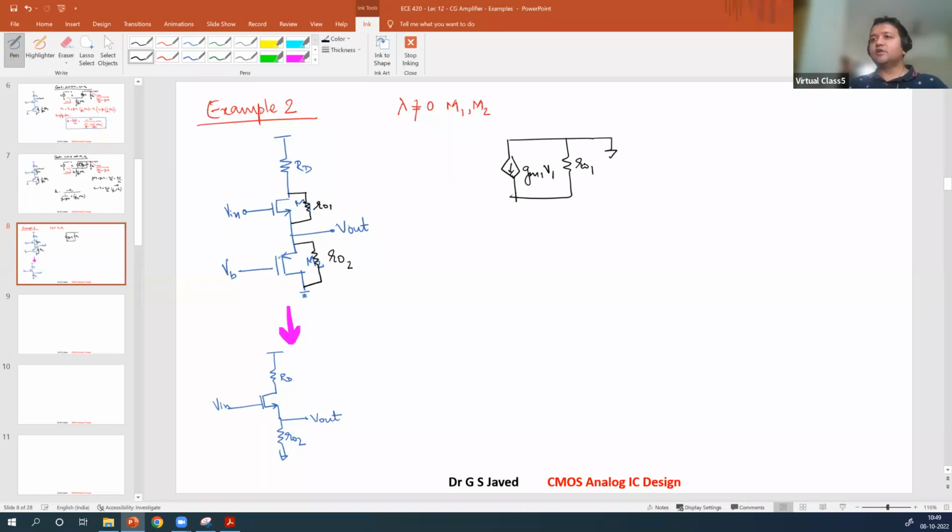So the drain will be shorted. Here, the drain is kind of shorted. Now we'll bring the Vout here. This is Vout. This is RO2. Here is where you apply the input, V1. And this is your gate input supply.